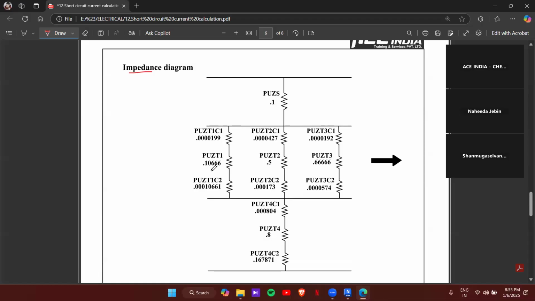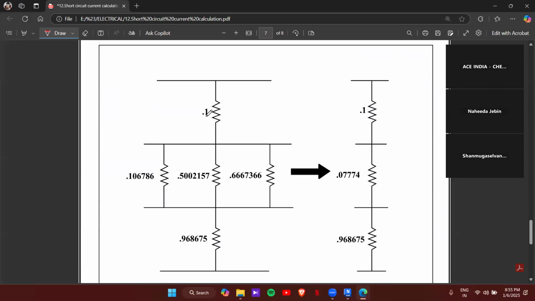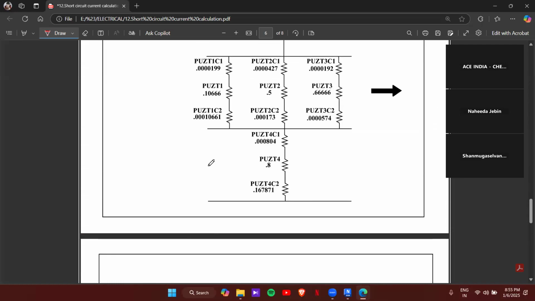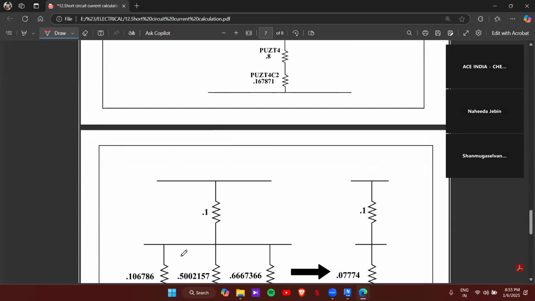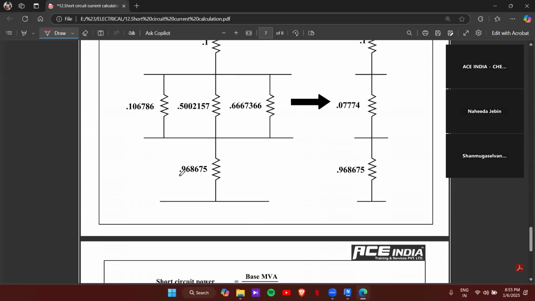Once you have added that, we can simplify the impedance diagram again. So 0.1, then by adding these three you get 0.106. And by adding the transformer 2 side, you get 0.5, then 0.66, then finally 0.968.